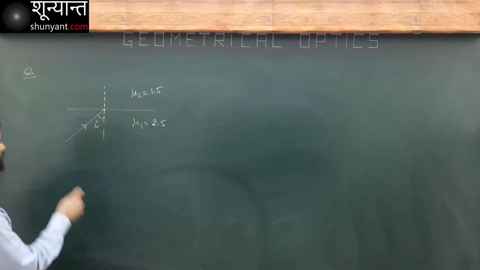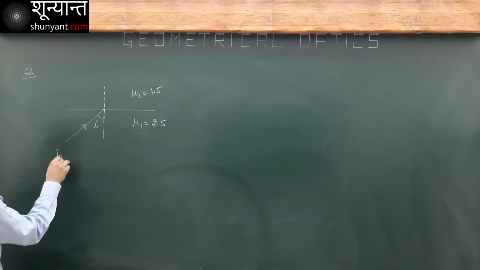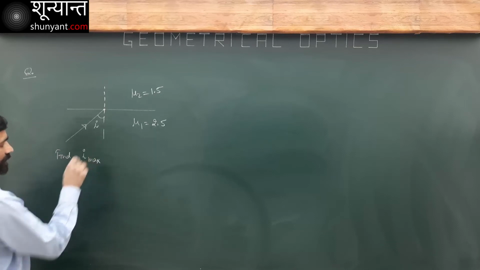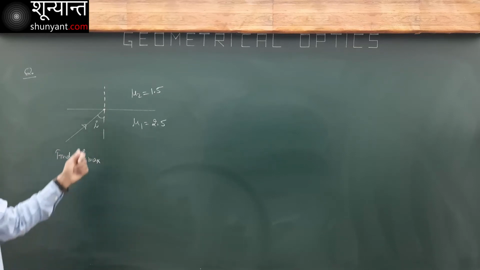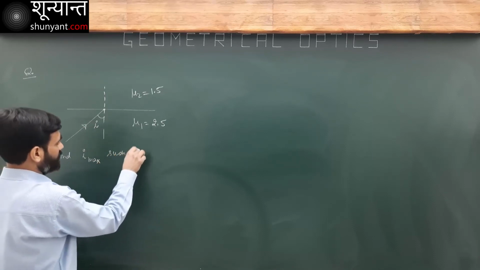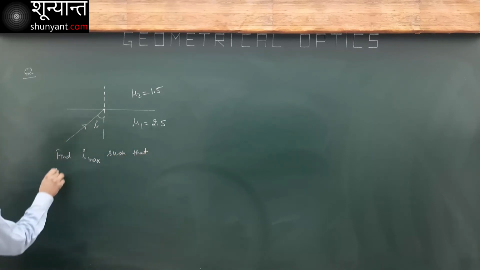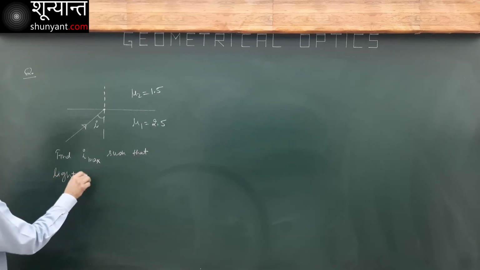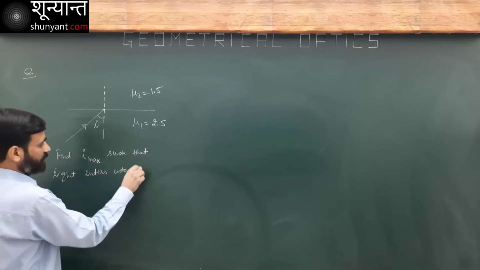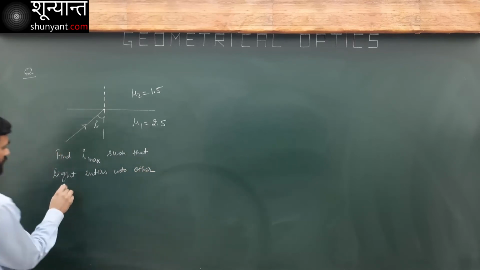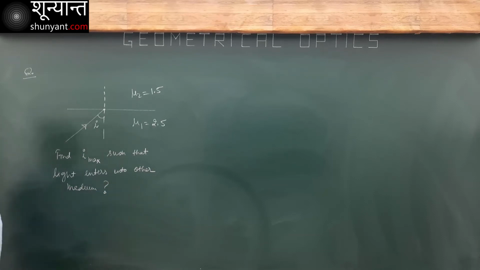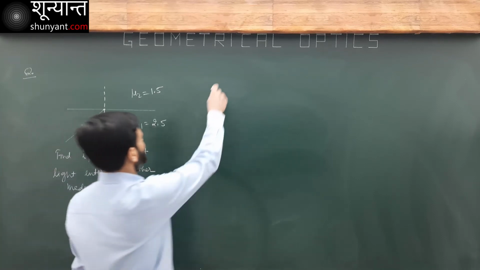Now the question is, find I max, that is the maximum value of this angle of incidence such that light enters into the other medium. Try to find it.